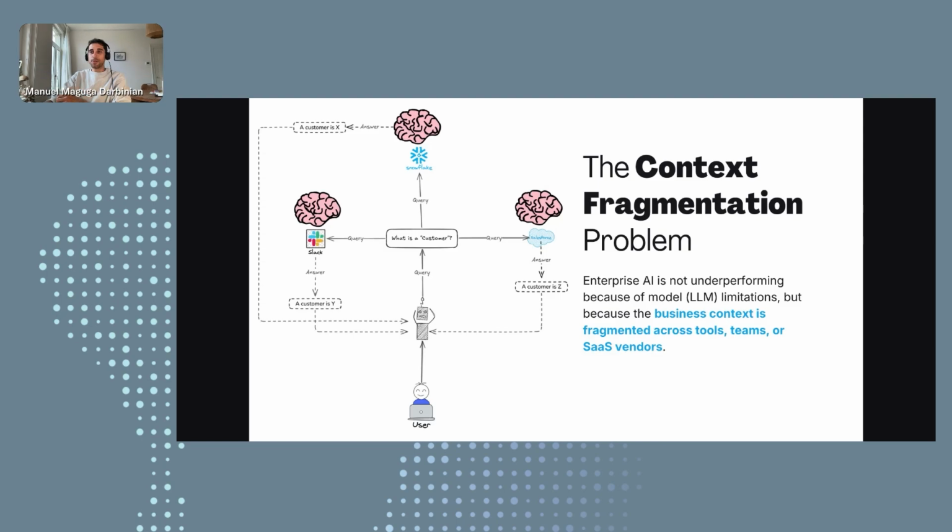First, let's address the problem space. Many of the people here know that context fragmentation is one of the problems that graphs can solve. If you are in a big corporation, you would recognize that definitions and categories are not centralized. In some teams, for example, a customer is one thing, and in another team a customer is another thing.